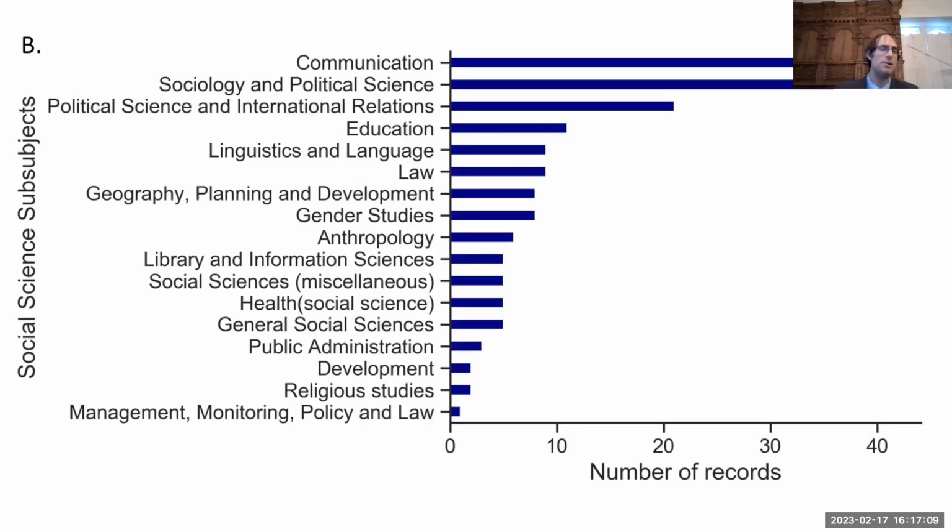Digging in a little bit deeper, and these classifications all come from the Scopus database. We can see, within arts and humanities and social sciences, it's communications, sociology, political science, and international relations that are primarily where those studies are coming from.